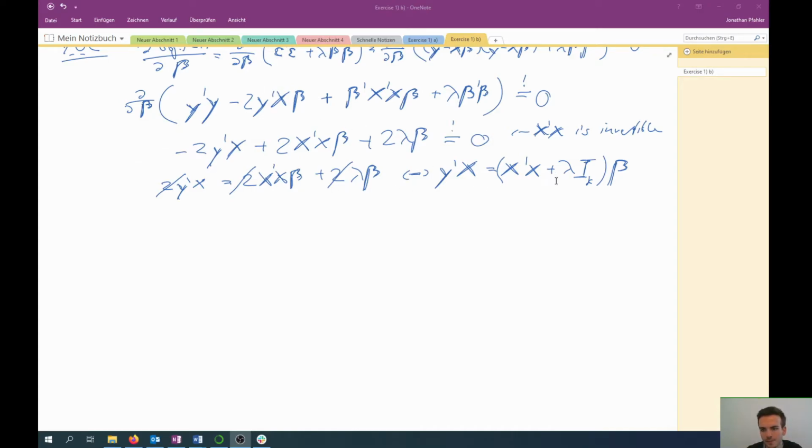Now if we take this part to the other side, then we will end up with our optimal beta.